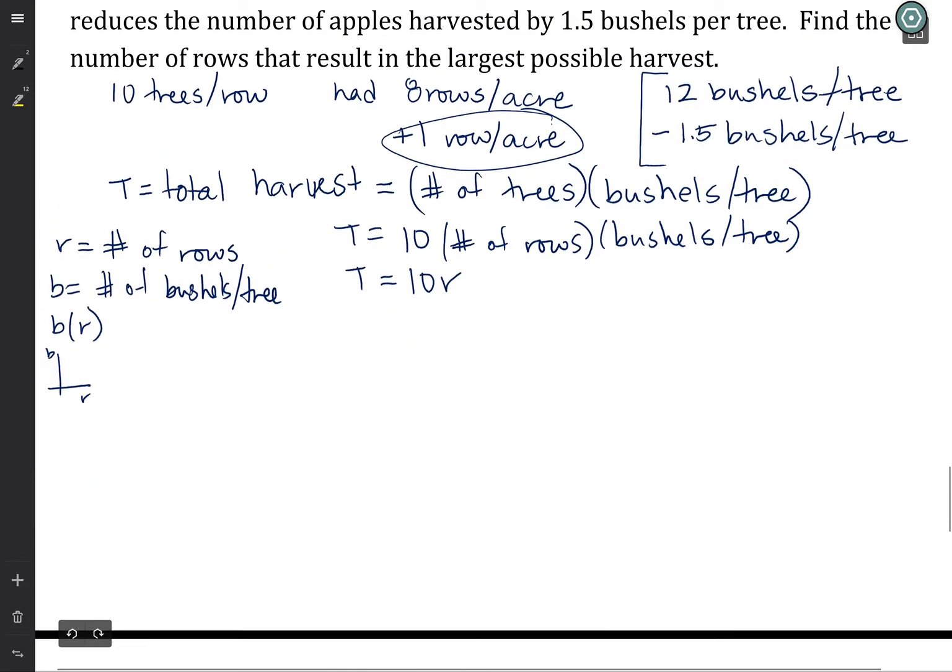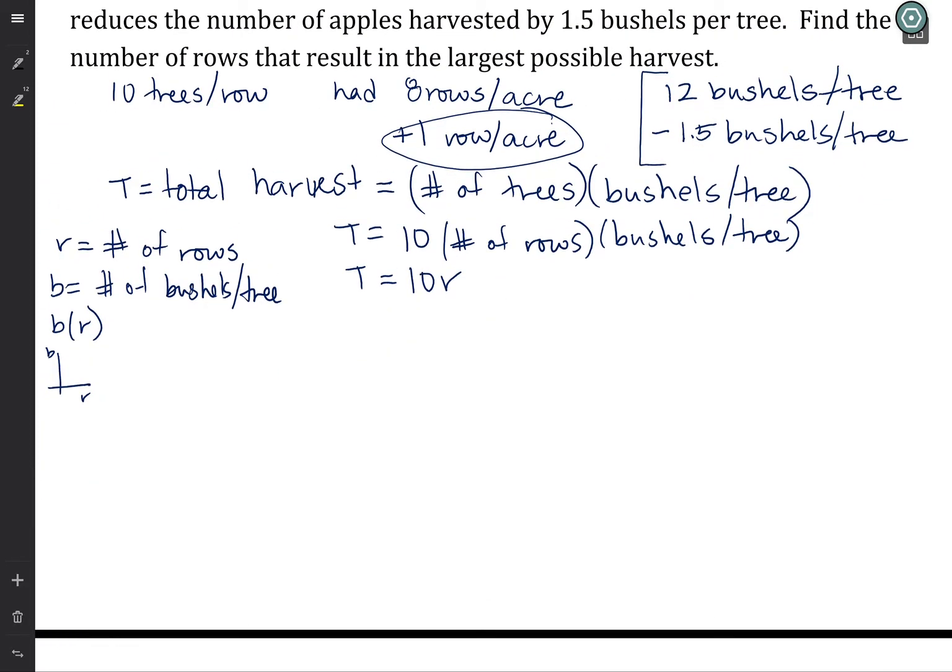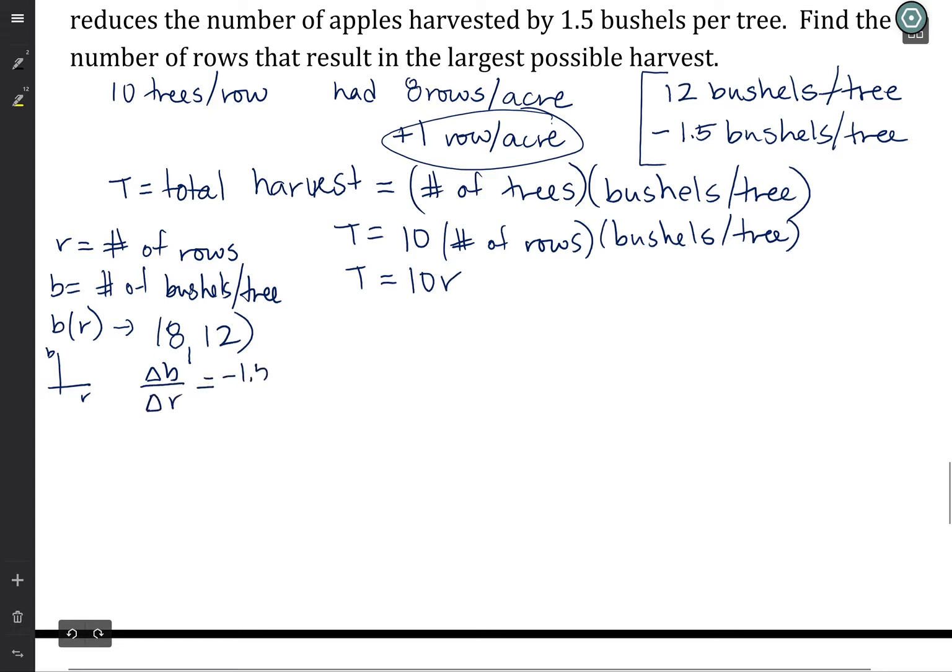We know that when R is 8, B is 12. And then we know that the change in B over change in R is negative 1.5 over 1. That's our slope. So we can build this linear formula.